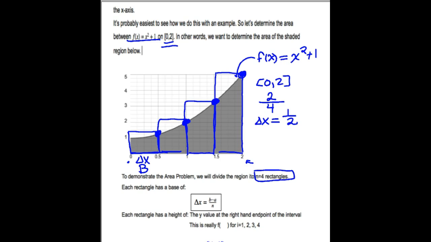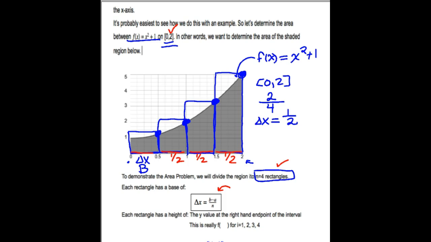So we know that the base of every rectangle is a half because we were told to make 4 of them spanning from 0 to 2. There's a formula for that, but it's just common sense. If you have to make 4 rectangles in a distance of 2, they're each going to have a length of a half on the bottom. So we know the bottoms of all our rectangles are 1/2, 1/2, 1/2.